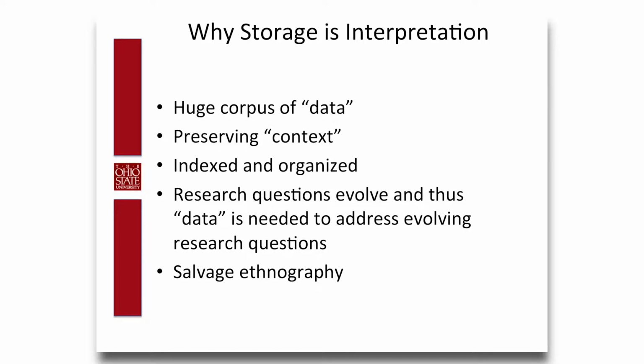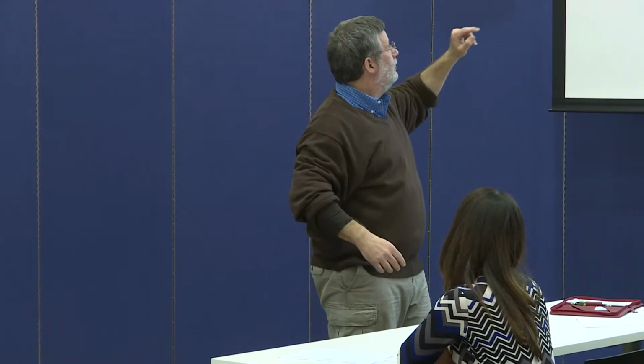Context is absolutely critical to understanding the culture of that classroom, or some other place as well. So the importance of this huge corpus of data is to help preserve context over time, even for the people who did the research themselves, like me, right? To help preserve context.